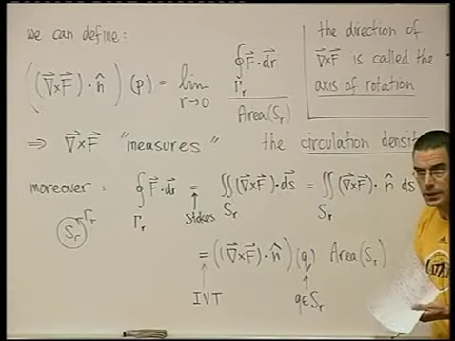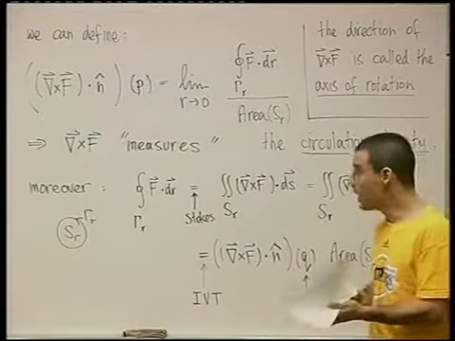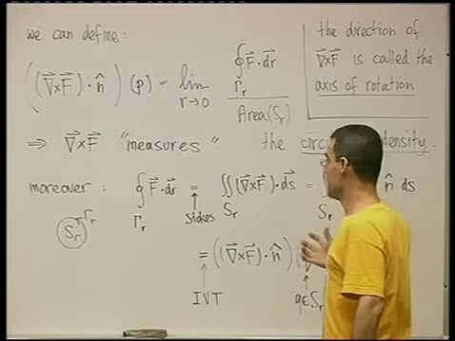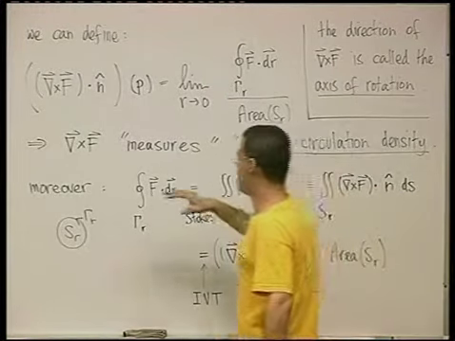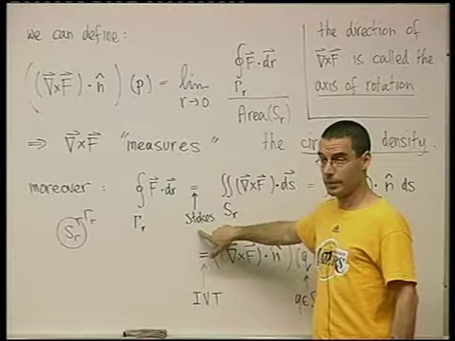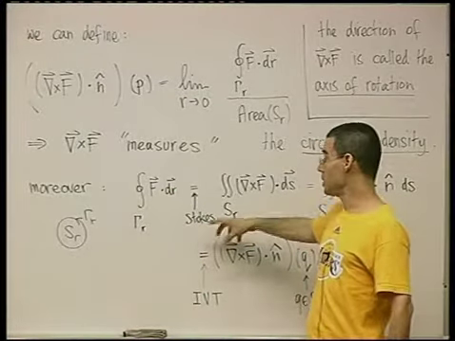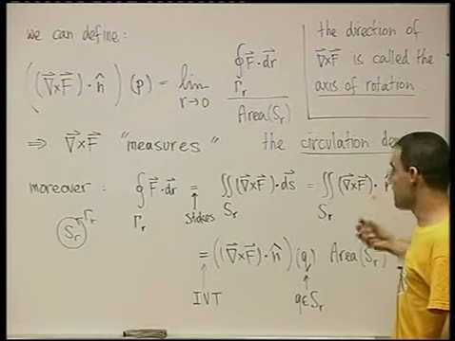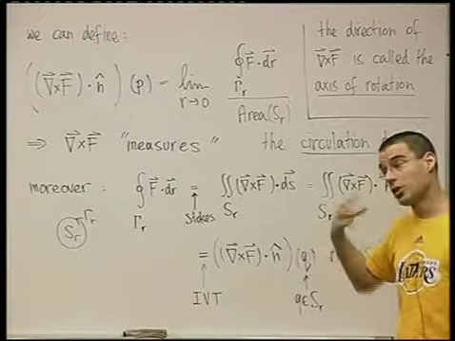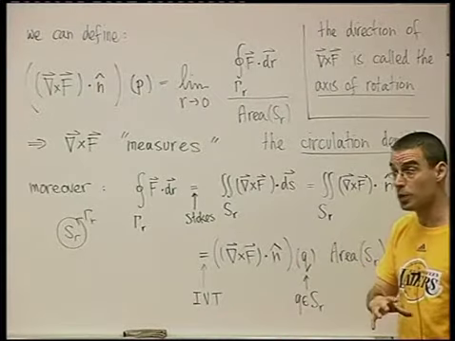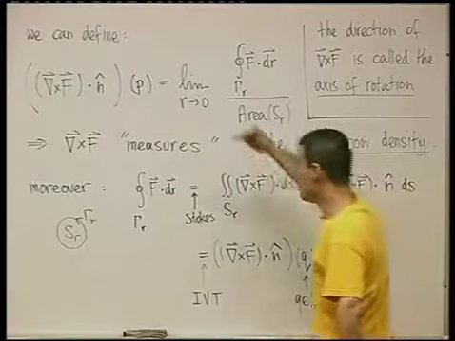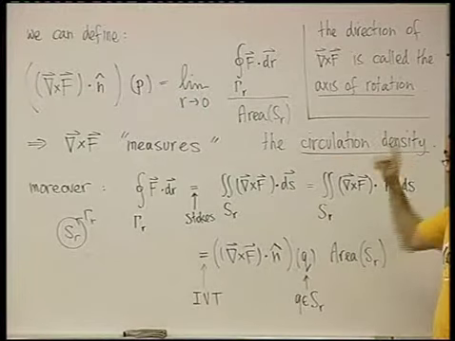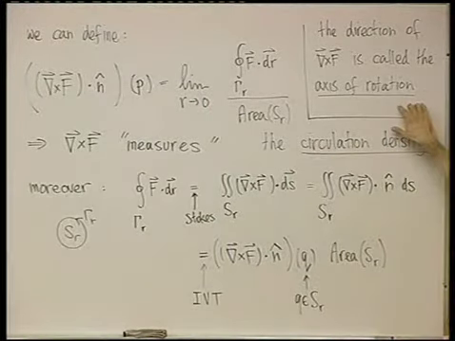Clear? Okay. So all I've said in this clip is actually taking the observation that, taking Stokes' theorem, the curl is really measuring circulation. When the curl is 0, there's no circulation on closed loops. And when there is, we can actually think of the curl as the circulation density and the direction of the curl as the axis of rotation. Okay?